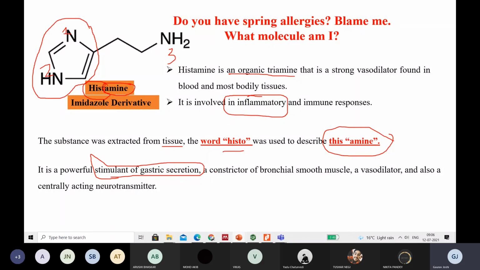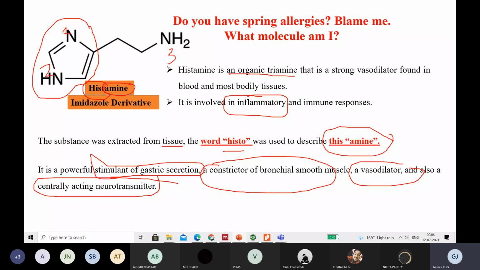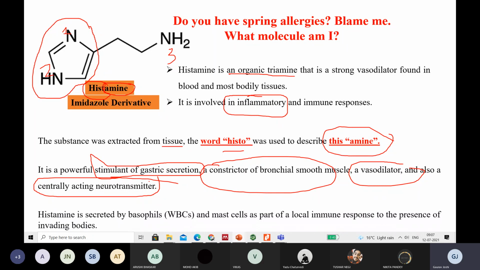The third is constriction of bronchial smooth muscle, again H1, and vasodilation, again H1. And as a centrally acting neurotransmitter, H3 and H4 receptors come into the picture. Basically H3 and H4 receptors are located in your CNS, and I'll be discussing all these things. In your syllabus, there is the H1 receptor and the H2 receptor.